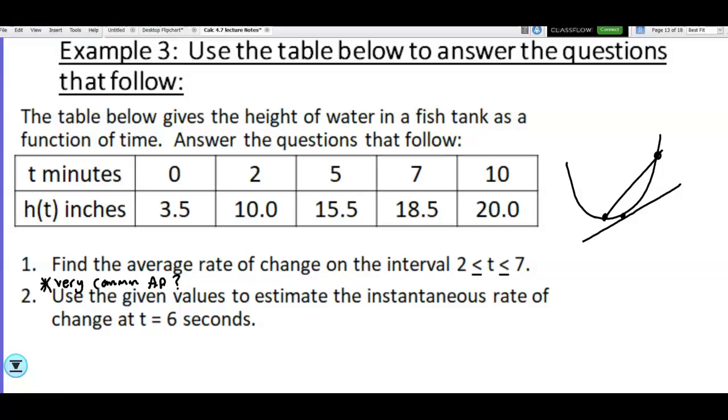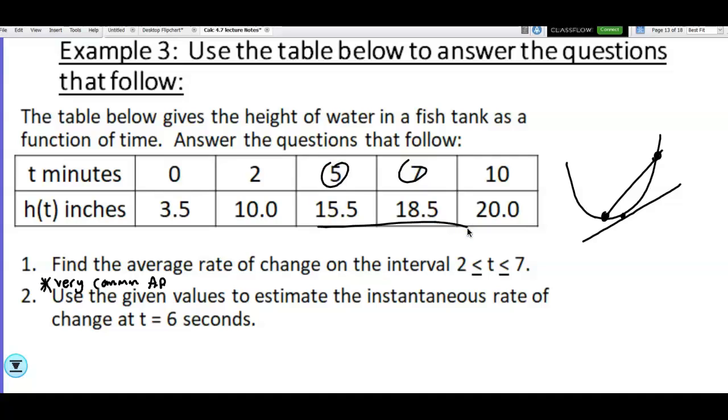But you guys agree that if I were to pick 2 points, I can find an average rate of change. All I need to do is take 2 points and find their slope between those 2 points. But that's an average rate of change.